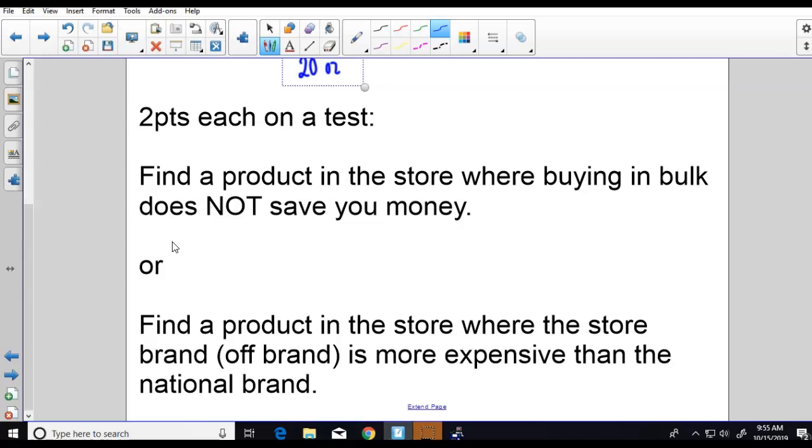So if you can find me something anywhere, it doesn't have to be at the grocery store. It can be at the Dollar General. It can be at a store, anywhere. It has to come from the same store. Amazon does not count because Amazon is going to have different vendors selling the same product.